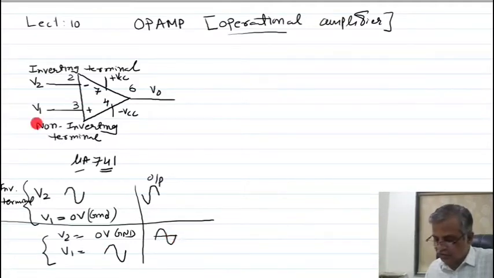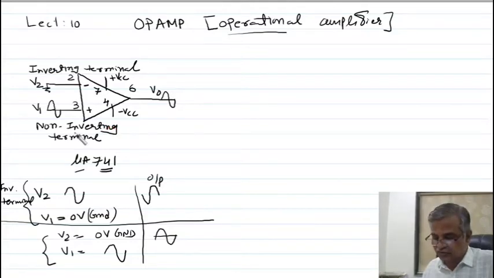So it is called the non-inverting terminal. Plus means non-inverting terminal. If I apply the input signal like this with the other ground, I get an output which is in phase with the input signal. Due to this reason, it is called the non-inverting terminal.